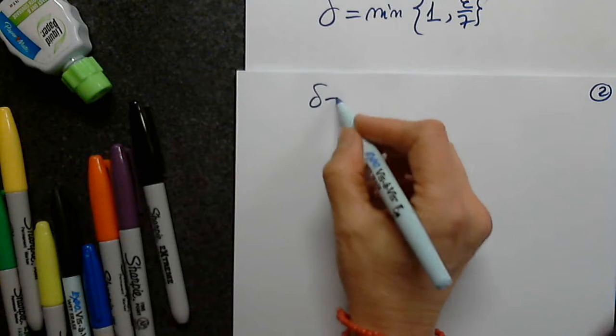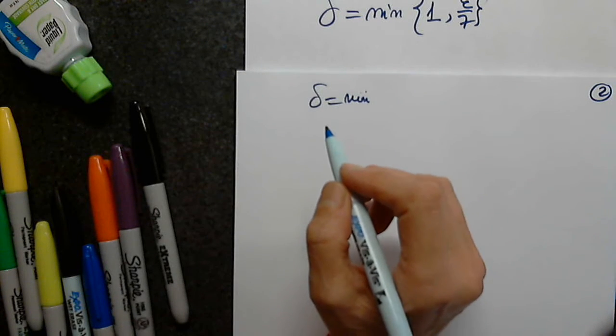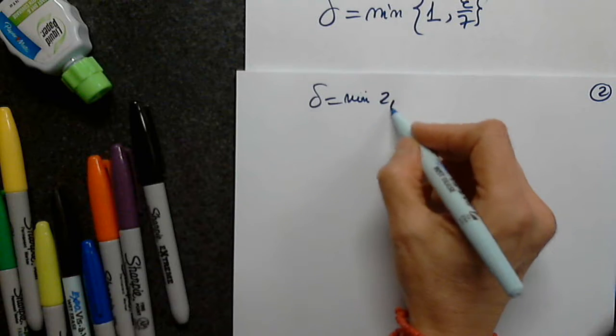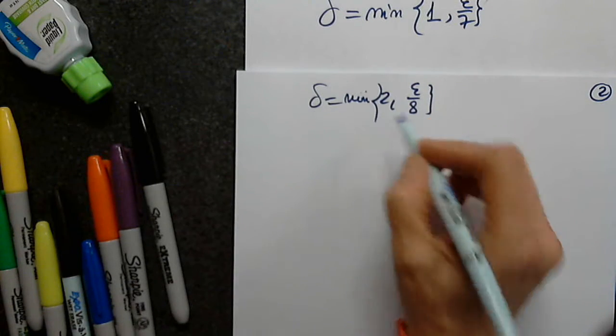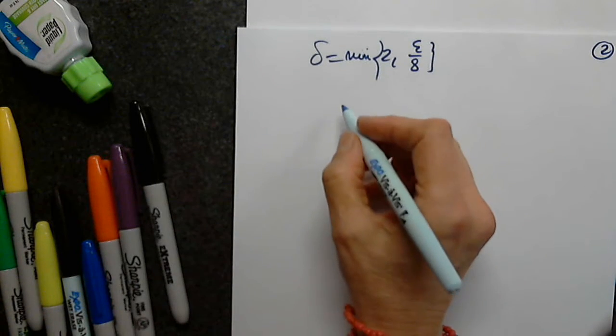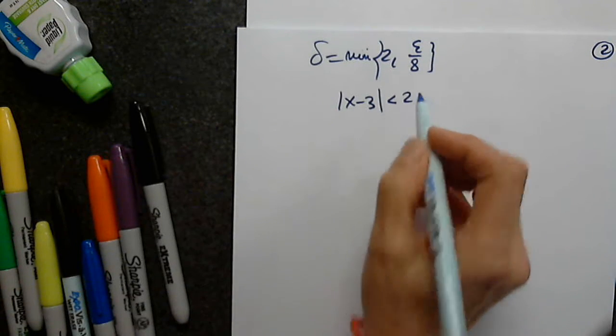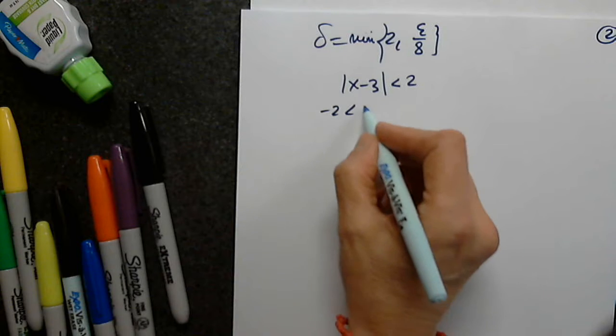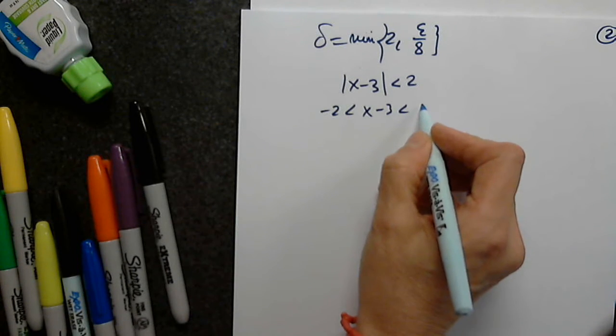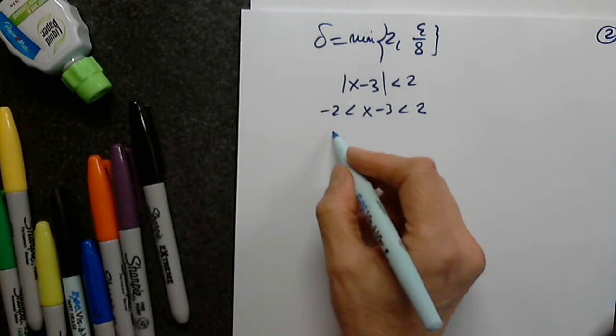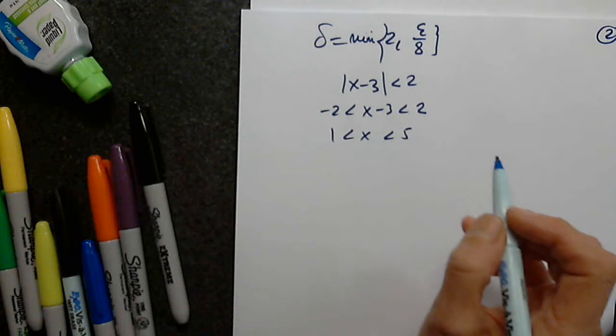So they were saying that delta equals the minimum of 2 and epsilon over 8. We had the absolute value of x minus 3 less than 2, so negative 2 less than x minus 3 less than 2. Adding 3, 1 less than x less than 5.